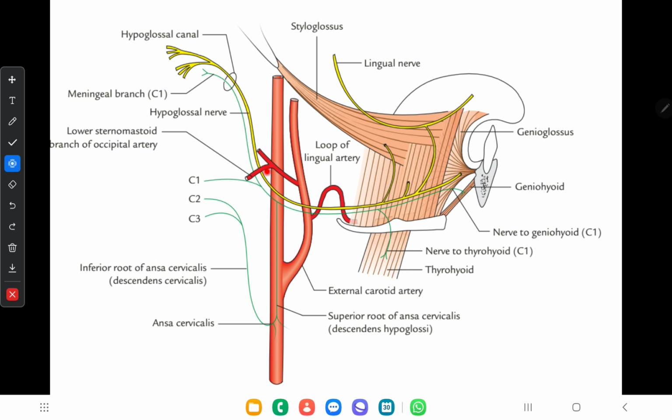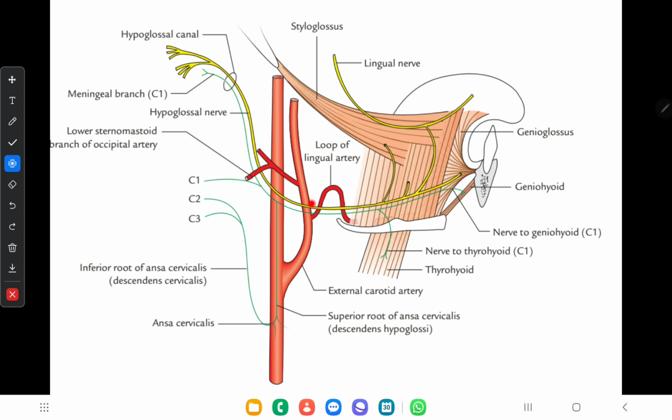Then vertically downwards, medial to the posterior belly of digastric. At the level of angle of mandible, it passes deep to the posterior belly of digastric and turns forward to enter into the carotid triangle.